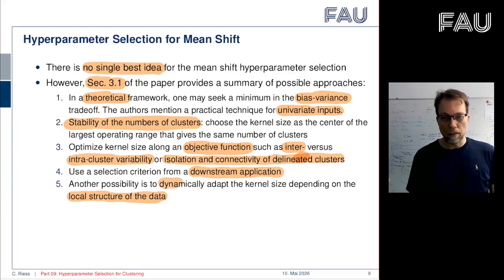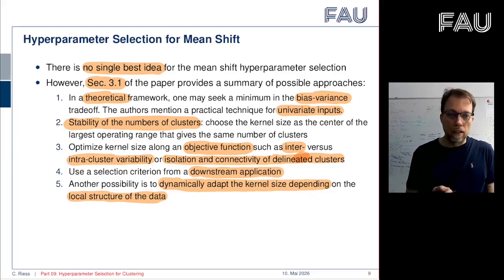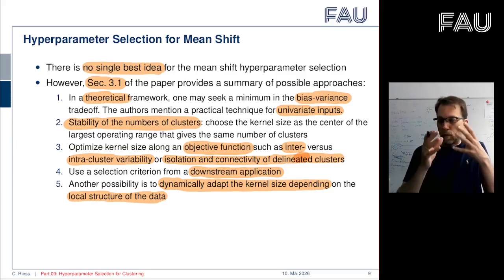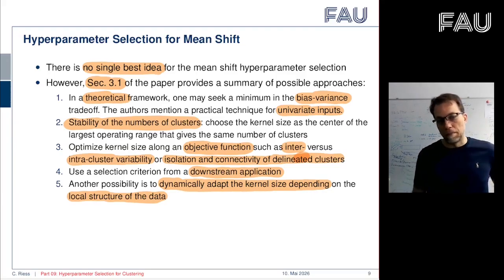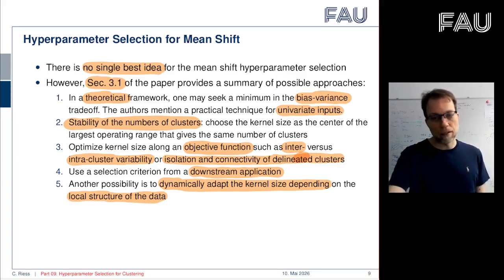I also didn't really dig down into the literature there, but they also provide references for that. I mean, these are certainly also possibilities, but there's not this one calculus that you could apply to say, okay, this is my bandwidth selection criterion.